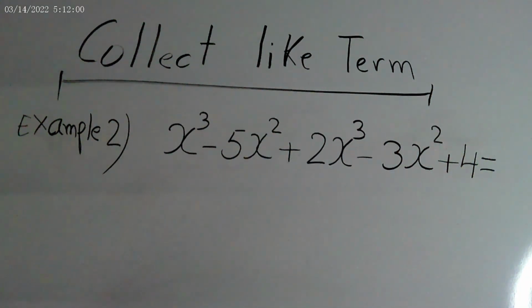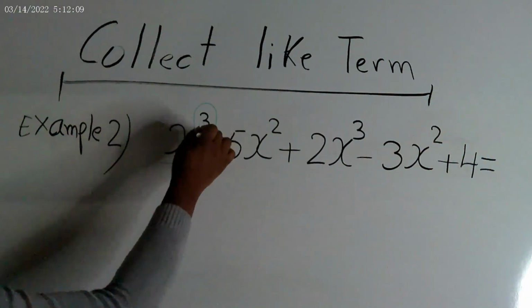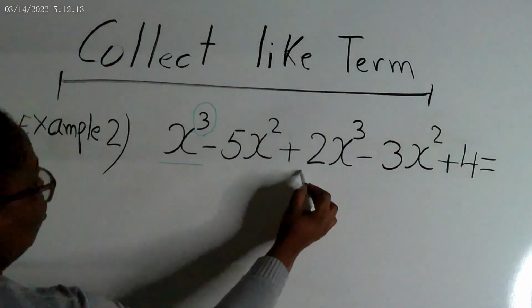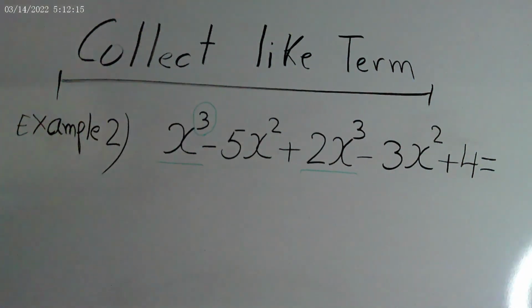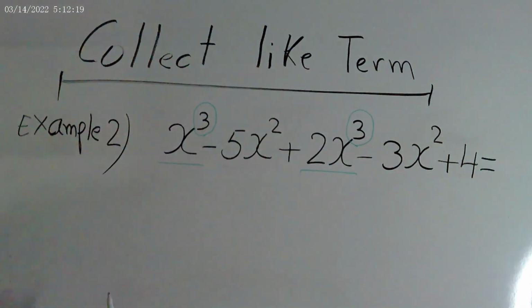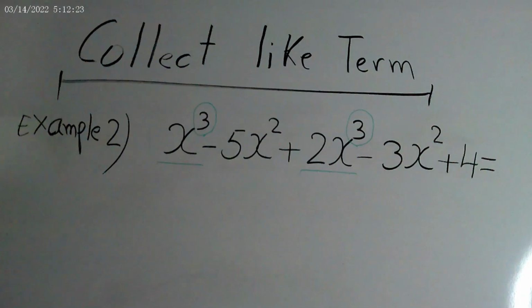We're going to use a different color for each. Here you have x to the 3, and right there you have 2x to the 3. Then x to the 2, x to the 2. You're not going to do anything with those right now. So you're going to collect those two.